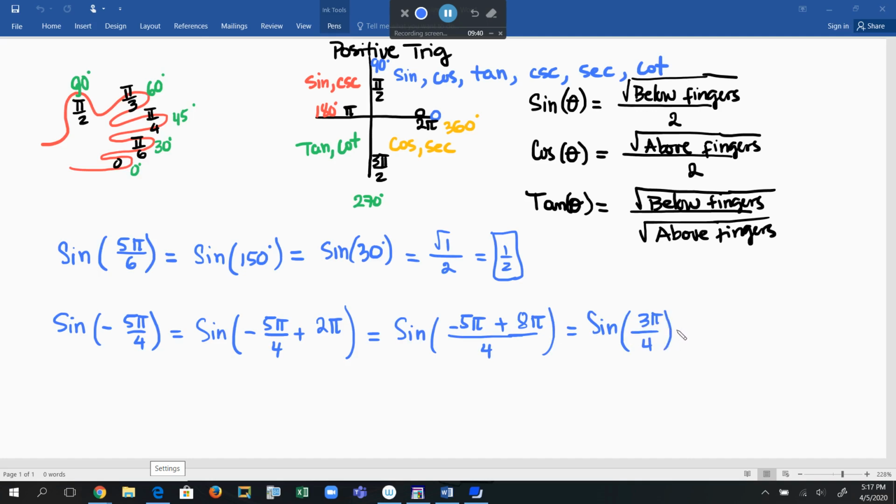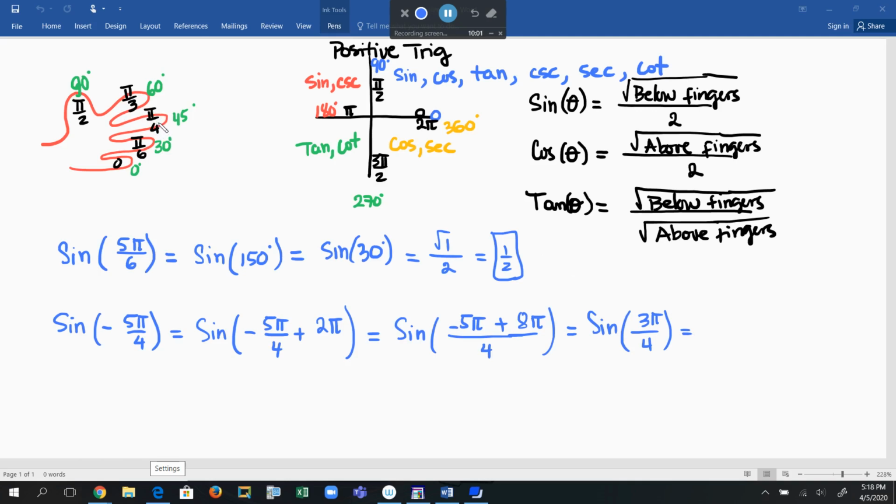So again, 3 pi over 4, where will that be? Think about it: pi over 4 is 45 degrees. If we want to use the hand trick here, the first step is to go back and find the reference angle.